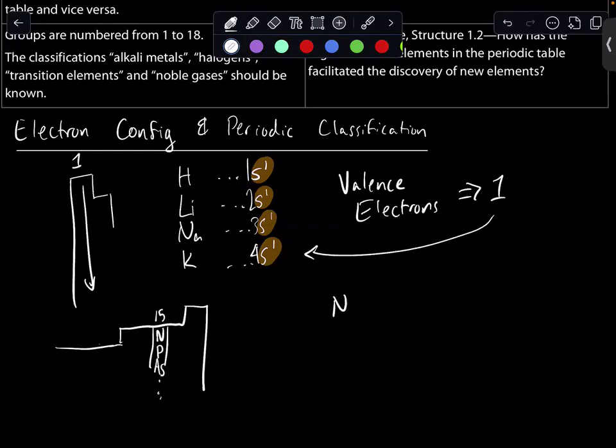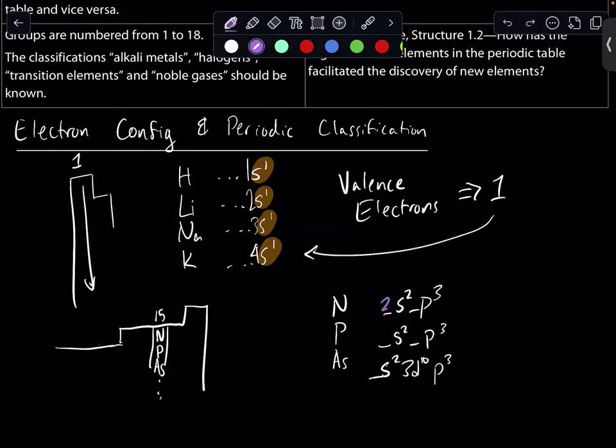So if we go through those electron configs, nitrogen, phosphorus, arsenic, nitrogen is going to end in s2p3 with some numbers here. Phosphorus is also going to have s2p3. Arsenic is also going to have s2, it will also contain 3d10 and p3.